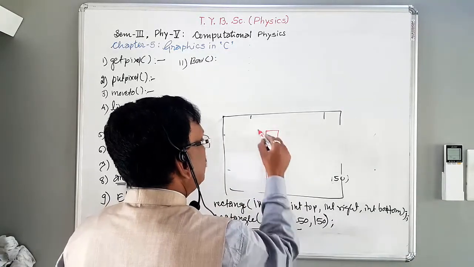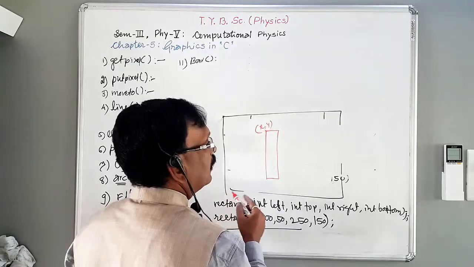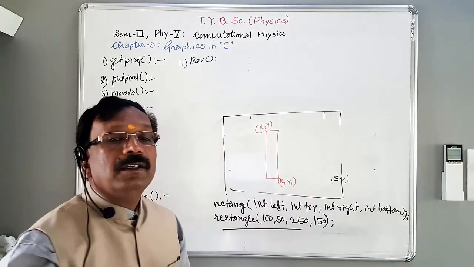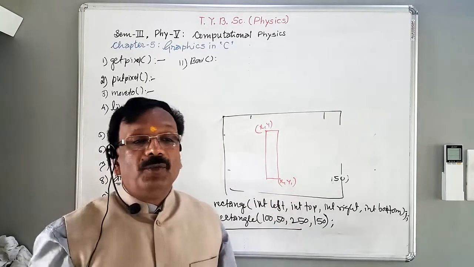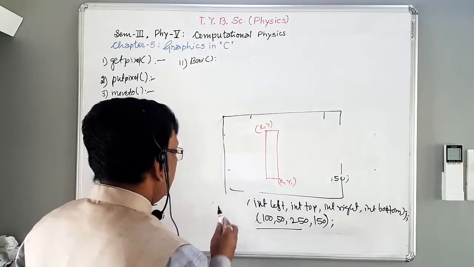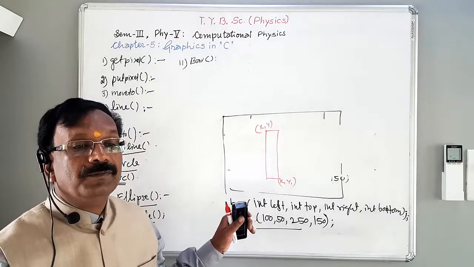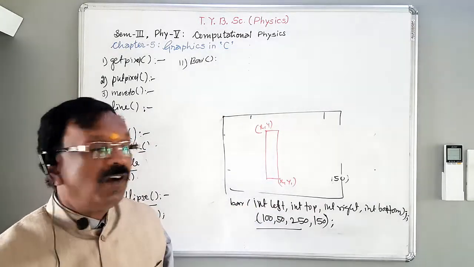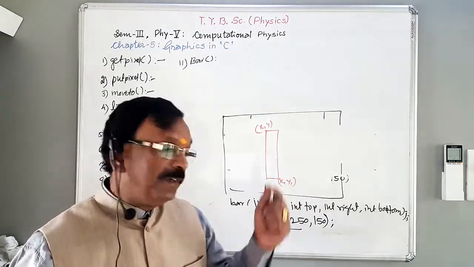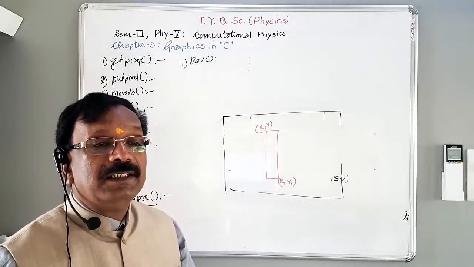Again here, similar to rectangle, we have to use the x and y of the left top point and x1, y1, that is the right bottom point. Only instead of rectangle, we have to use the keyword bar. Again here for bar, we are going to use the same points.